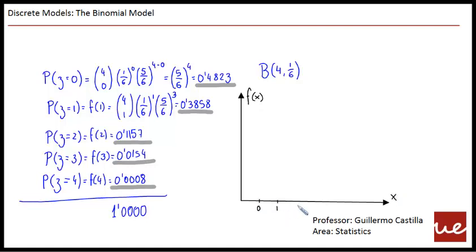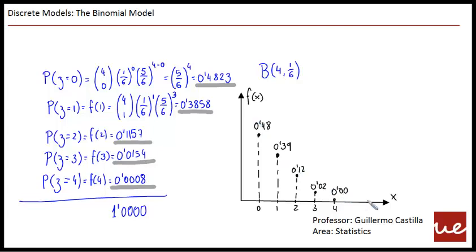As you can see here, we're representing the quantity function graph, which goes from 0 to 4, all the values of the possible variable. And as you can see, in this case, it starts at 0.48, then 0.39, rounded up, 0.12, in this case over here, then 0.02, and well, this one would be practically 0 because it's 0.0008.